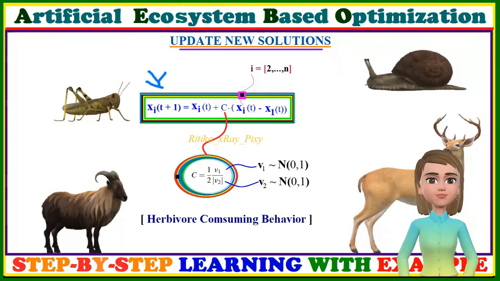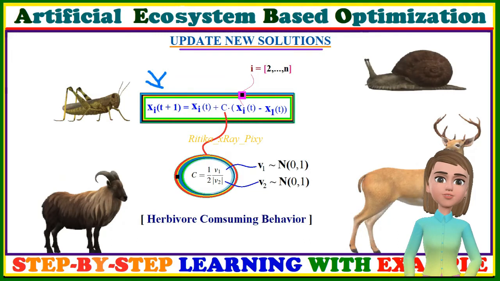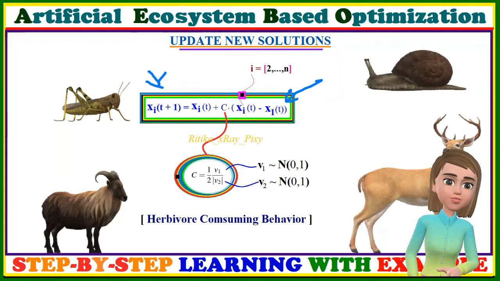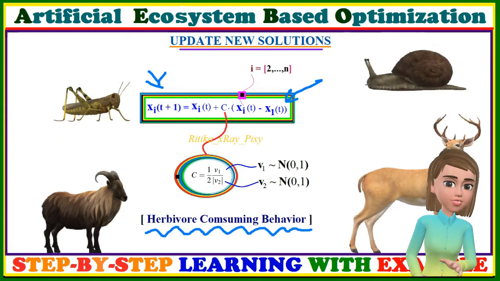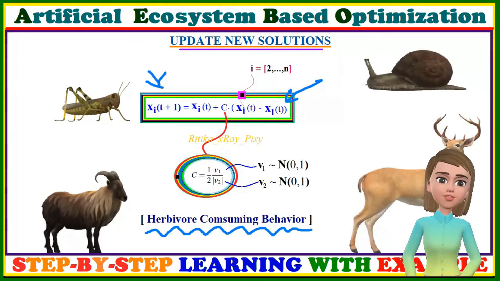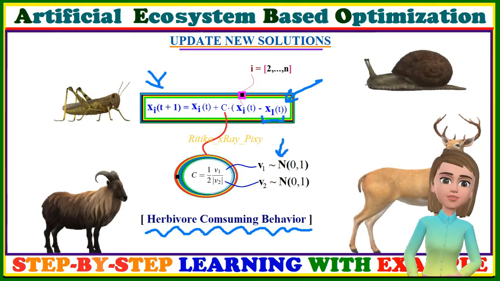Here, using Levy flight, the individual can explore the search space, and here you can see this is the producer, as this is the herbivore consumer's behavior, and herbivores are the primary consumers and they are only dependent on the producer for their food. So here this one is the producer, and this is the normal distribution with 0 mean and 1 standard deviation.